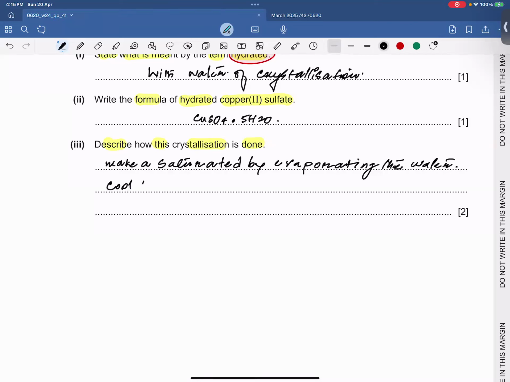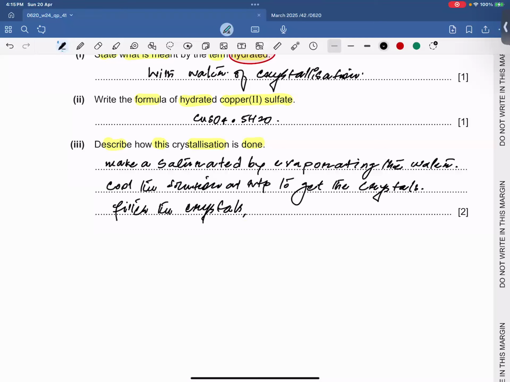Cool the solution at RTP to get the crystals. Filter the crystals. Wash them with cold water. We will not use warm water because they are going to dissolve again. Okay, wash them with cold water and dry them on filter paper.